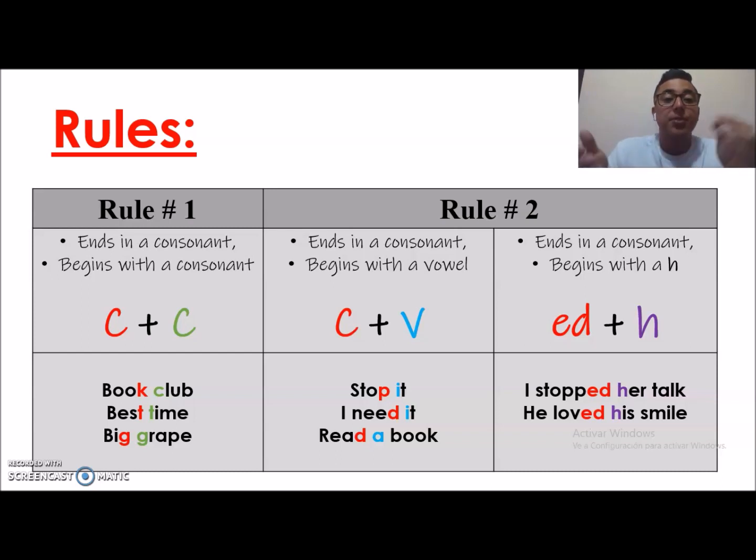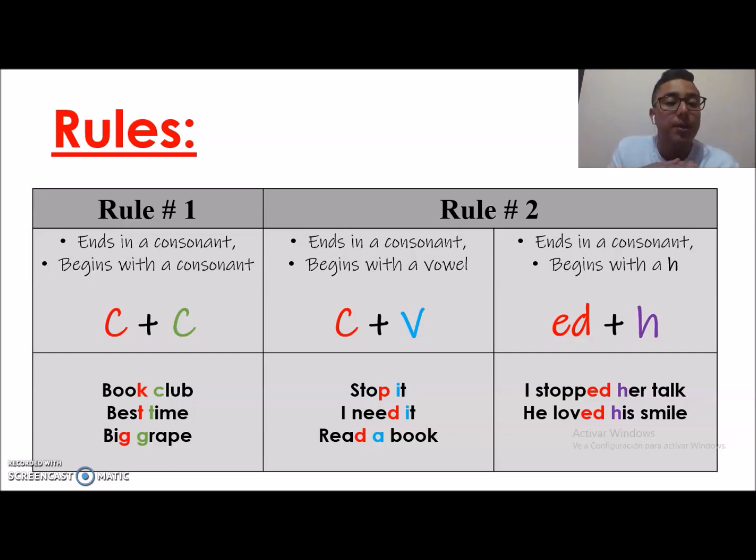It means that the first word ends with a k sound and the second one starts with a k sound. It means that we're going to put the same sound together, and in that sense we're going to pronounce only one sound, which is k. So in here we're going to say something like book and then club. As I'm going to put the two words together, it's going to sound like book club.